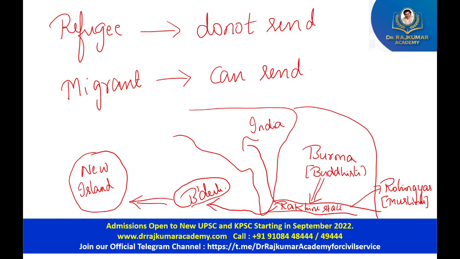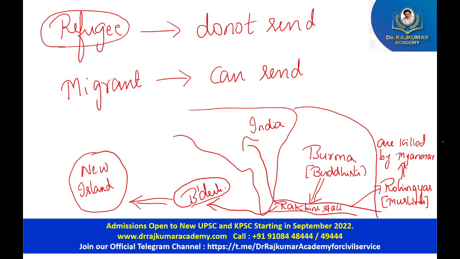Now India used to call these Rohingyas refugees before. So when they call them refugees, the meaning of this is Rohingyas are killed by the Myanmar government.